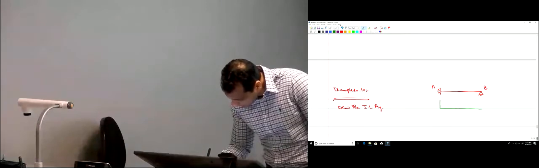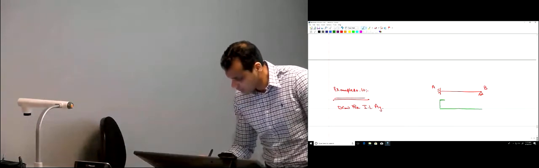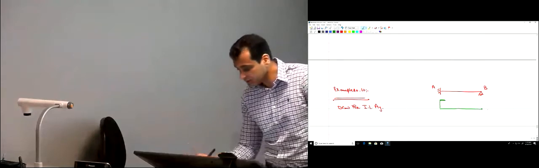So you push it up, and then it still wants to stay horizontal because you didn't release the rotation. But it needs to move down to the support over here. So the displaced shape will look like this.